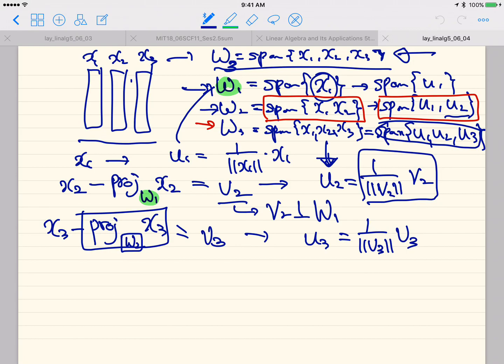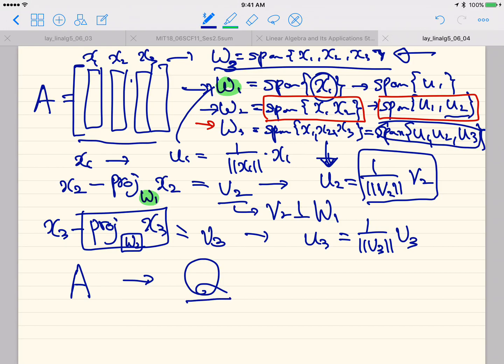So what we are doing here is, suppose this matrix A is composed of the columns of the initial set of basis vectors, and we now change it to the orthogonal, also normal, basis vectors. So what is Q? It is the same as U1, U2, and U3.